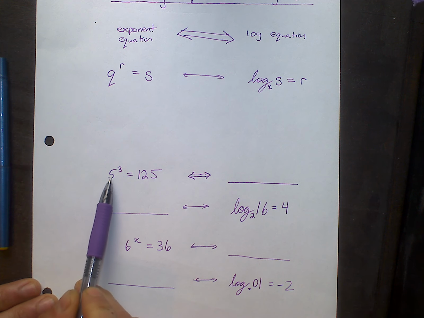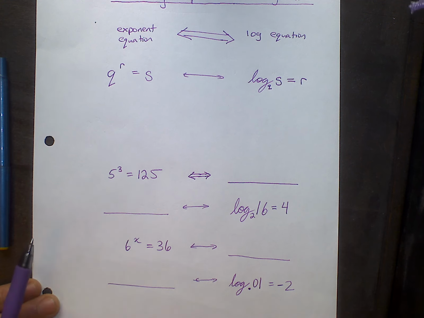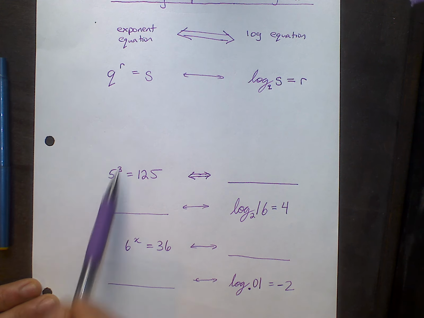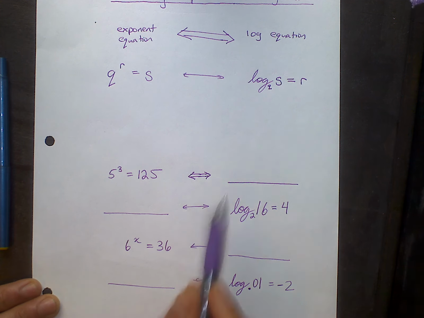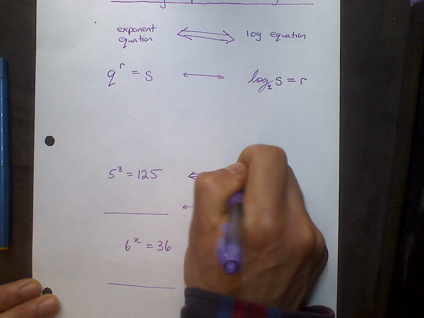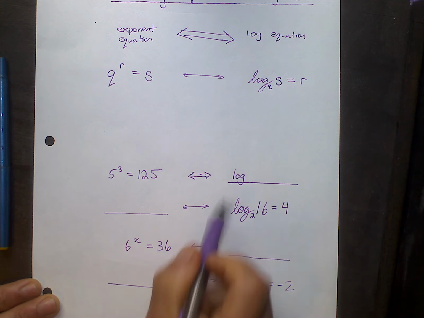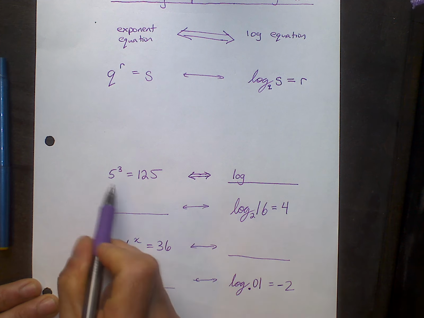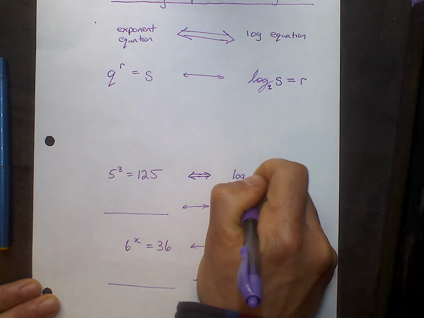Here I have an exponential equation, 5 cubed equals 125. Nothing to solve, just an equation. The three parts already there, the base, the exponent, the output. I'll write this in non-cursive, non-script, so you can just see I'm just writing the word log. The base of the log is what was the base of the exponential equation, the number 5, but that goes tucked in like a subscript.